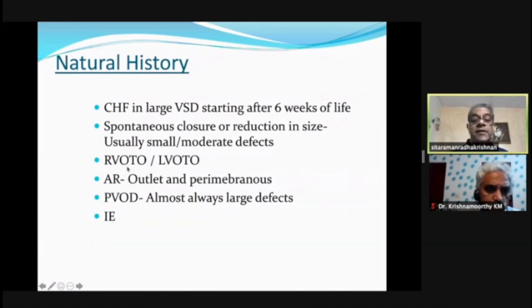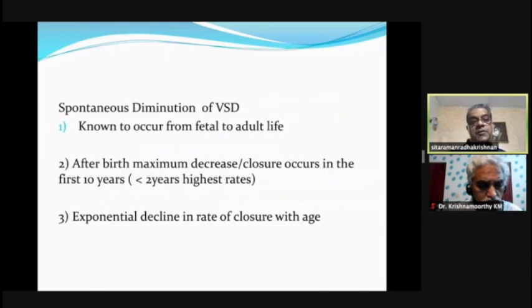Then, in the natural history, it can lead to right ventricular outflow obstruction, left ventricular outflow obstruction, aortic regurgitation, especially in the so-called outlet or doubly committed VSD. It can also occur in perimembranous defect. And pulmonary vascular obstructive disease almost always in large defects. And then, of course, infective endocarditis. This is something which you don't see in atrial septal defect, only in post-tricuspid.